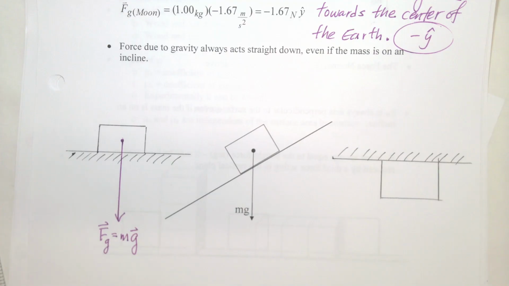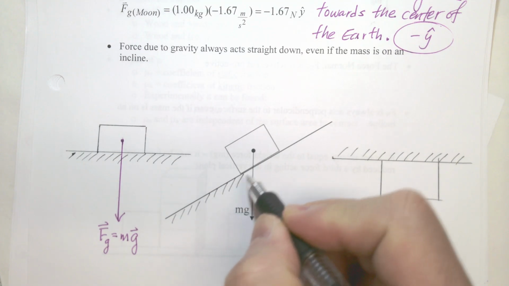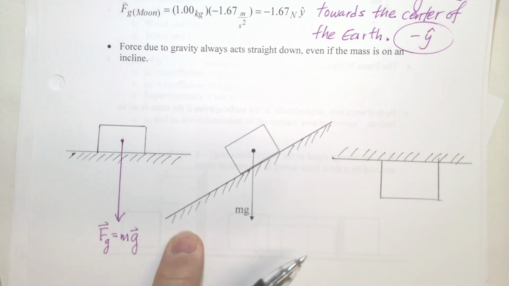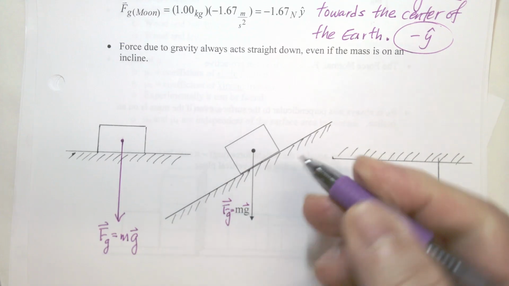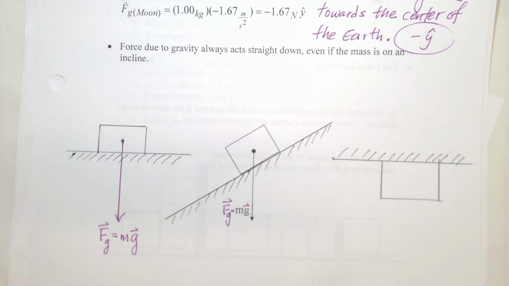Okay? Even if it's on an incline like this, on a tilted plane, it doesn't matter what the angle of this incline is. Your F g will always be straight down, as though if you are holding your plumb bob, and the plumb bob will always seek down.